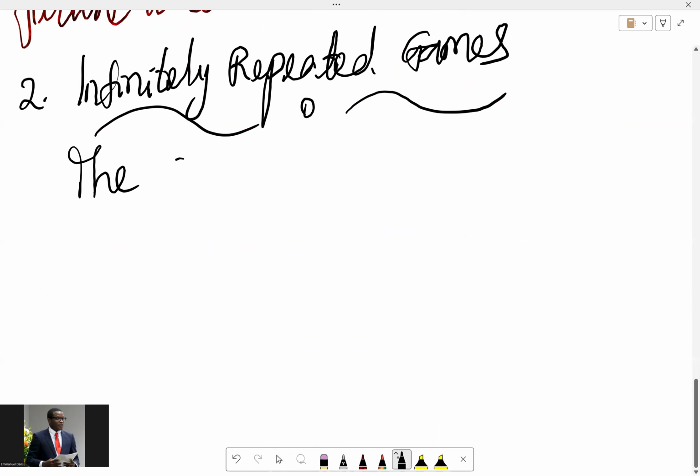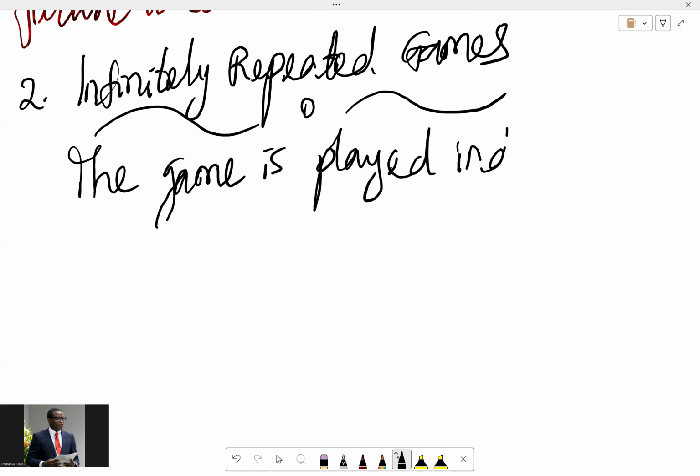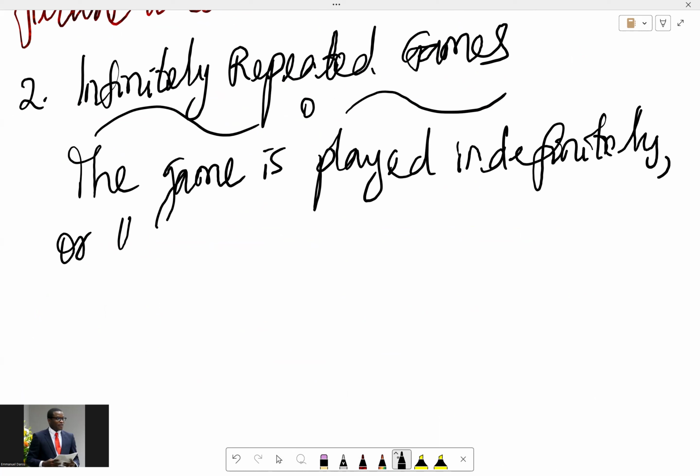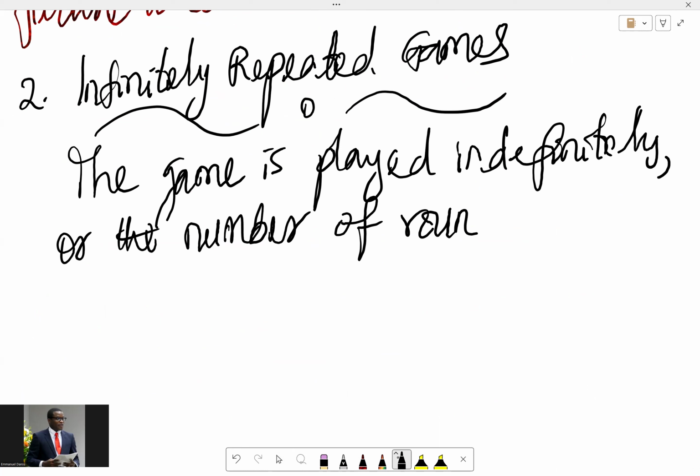Here, the game is played indefinitely, or the number of rounds is unknown.